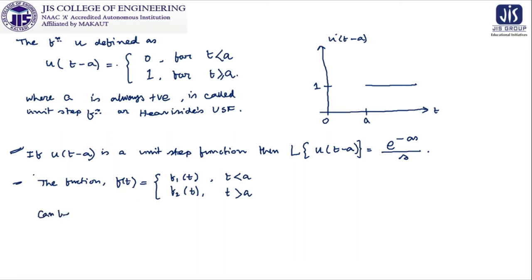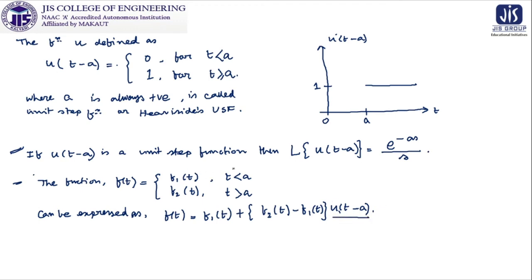This is an application of the unit step function. It can be expressed in a single line with the help of the unit step function as f of t equals f1 of t plus f2 of t minus f1 of t into u of t minus a, where this is your unit step function. Obviously we have already discussed this one.